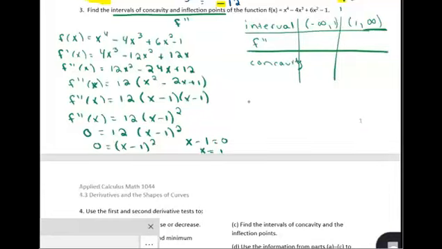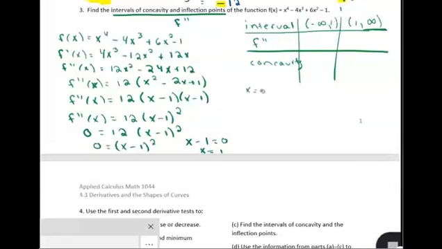There we go. So let's see if we can figure these out. We are looking for our concavity from negative infinity to 1. So pick a number in that interval. Pick a number between negative infinity and 1, and we're going to test it in our second derivative. So between negative infinity and 1, 0 is in that interval, so I'm going to pick 0.